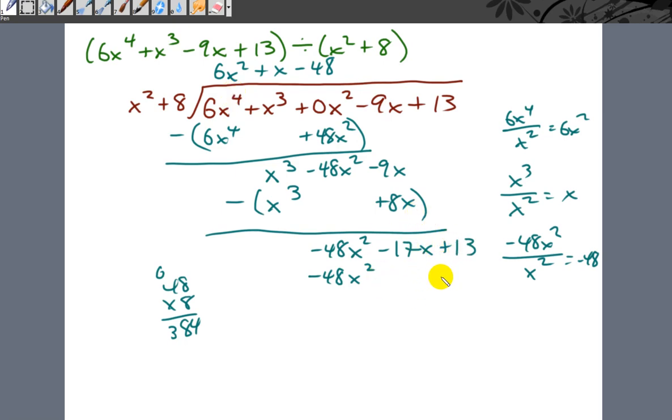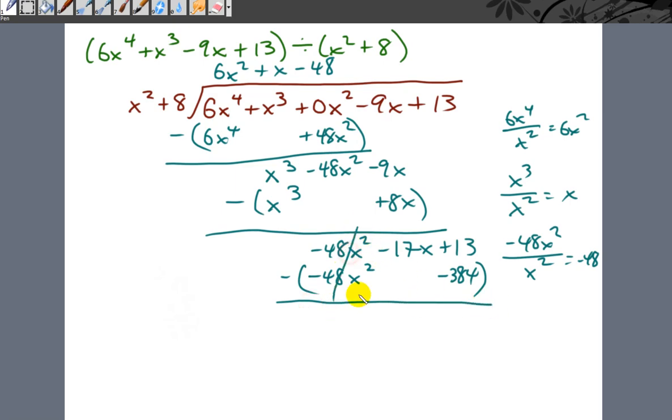So what we're going to do is subtract 384, and we need to put parentheses. When we distribute, this will cancel, as you can see. So we get negative 17x, because this will drop down. Nothing touched that. And then we get 13 plus 384, and that's going to be a positive 397.